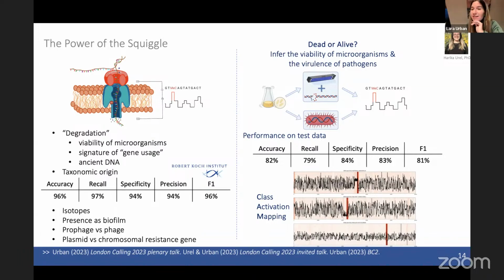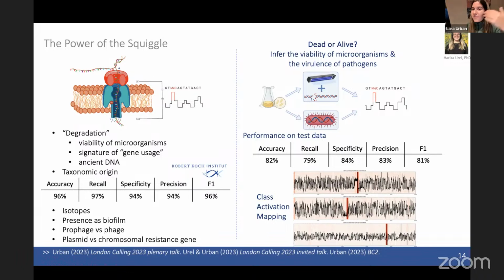Now on the more theoretical front, my problem with meta-transcriptomics is that obviously the RNA degrades so quickly, so that you might really just get a snapshot of the current functions of an ecosystem. Whereas, I think the question is, what time frame are we interested in, right?